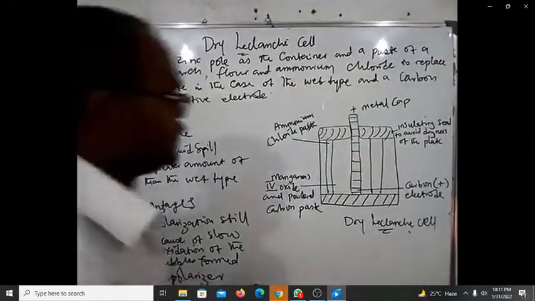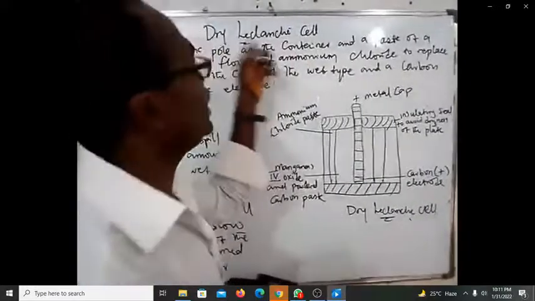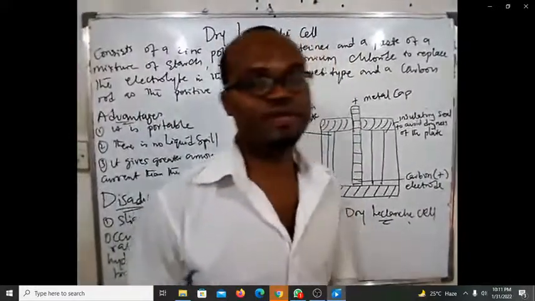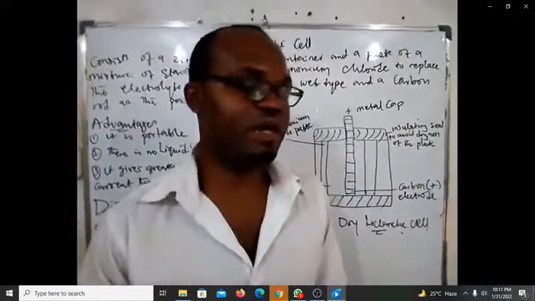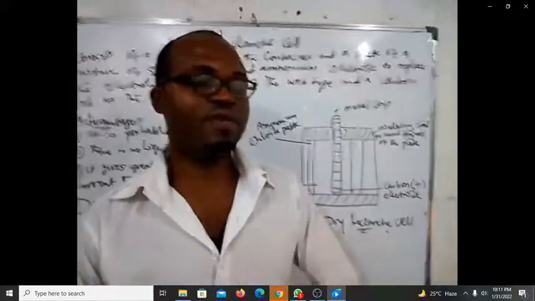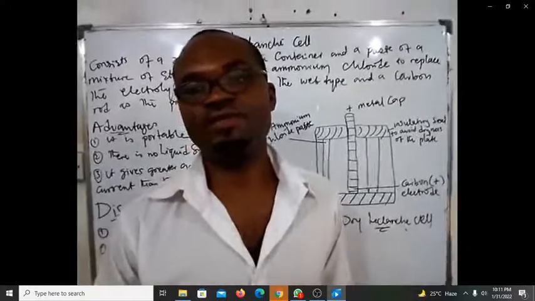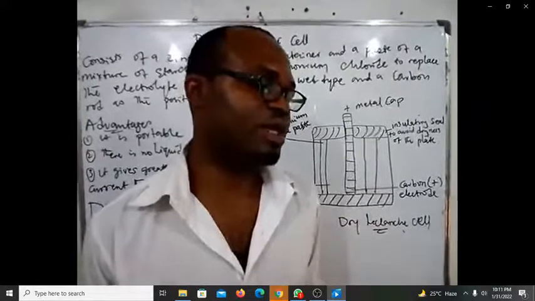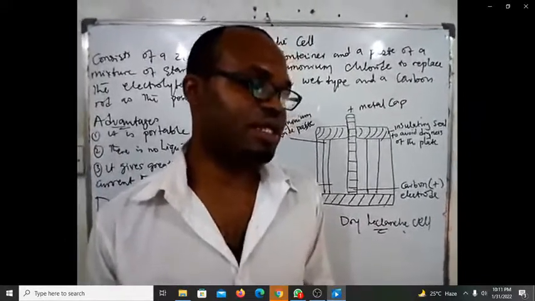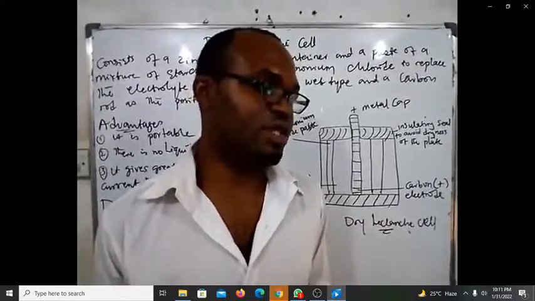Yes, let's finish up with this dry Leclanche cell. So we have two types of Leclanche cells, and we have the wet, and we have the dry cells. When you go to buy batteries, sometimes they will ask you what kind of battery do you want? The one where they use acid, or the one where they use water?